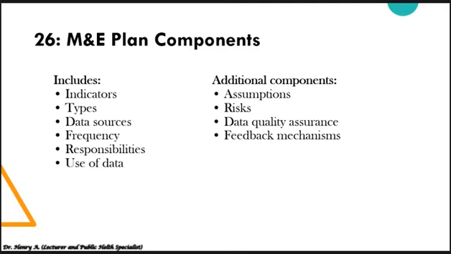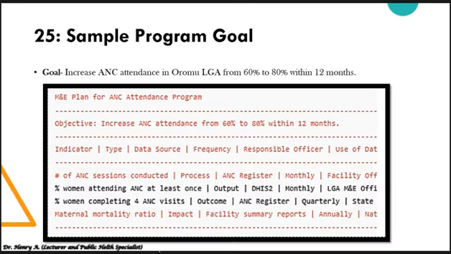So what are the components of the M&E plan document? Like I said in the past, it includes the indicators, the types, the data sources, the frequencies, the responsible officers, and the use of data. That's what you have seen here: the indicator, type, data source, frequency, responsible officer, and the use of the data.